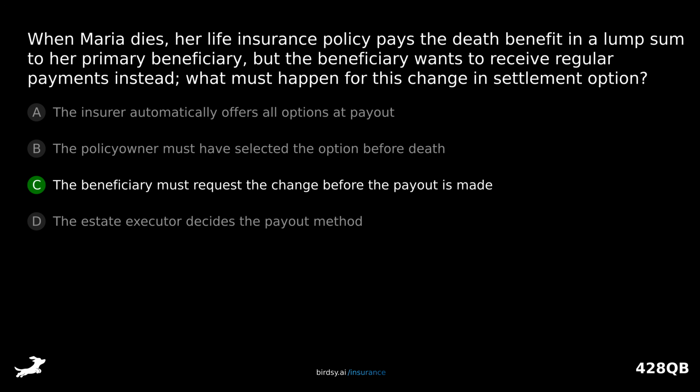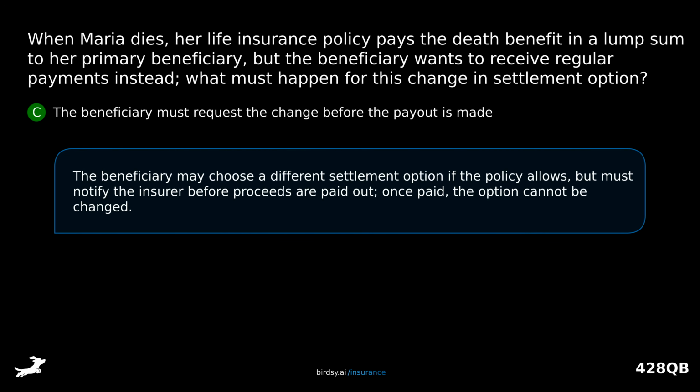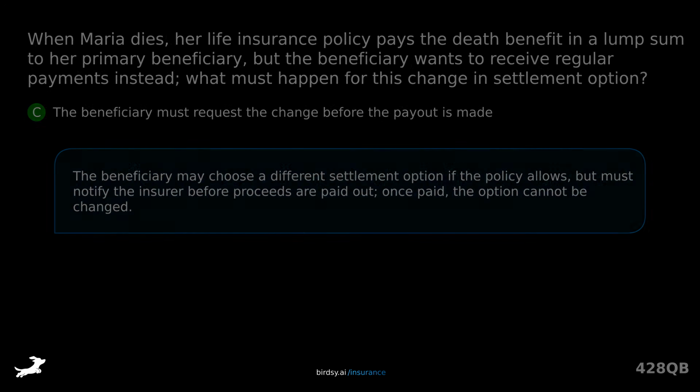The correct answer is C. The beneficiary must request the change before the payout is made. The beneficiary may choose a different settlement option if the policy allows, but must notify the insurer before proceeds are paid out. Once paid, the option cannot be changed.